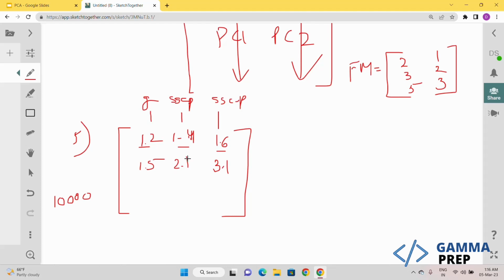Now, here we have three features, so the size that you have is 10,000 cross 3. That is, the number of records is 10,000 and the features are 3.